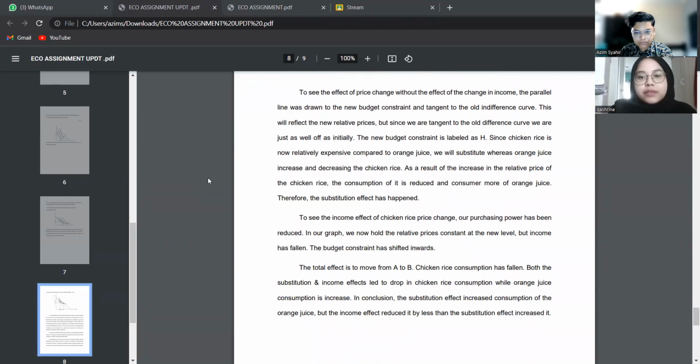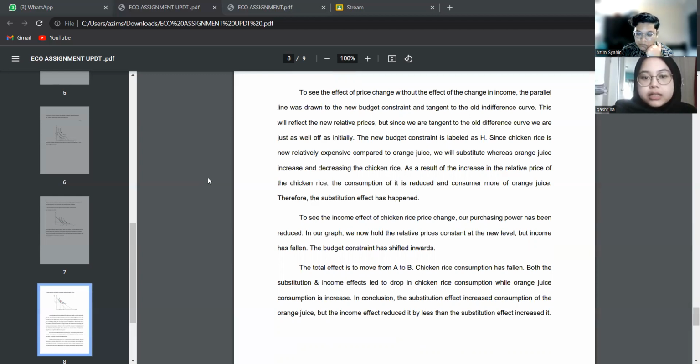To see the income effect of the chicken rice price change, our purchasing power has been reduced. In our graph, we now hold the relative prices constant at the new level, but income has fallen. The budget constraint has shifted inwards. The total effect is to move from A to B. Chicken rice consumption has fallen.